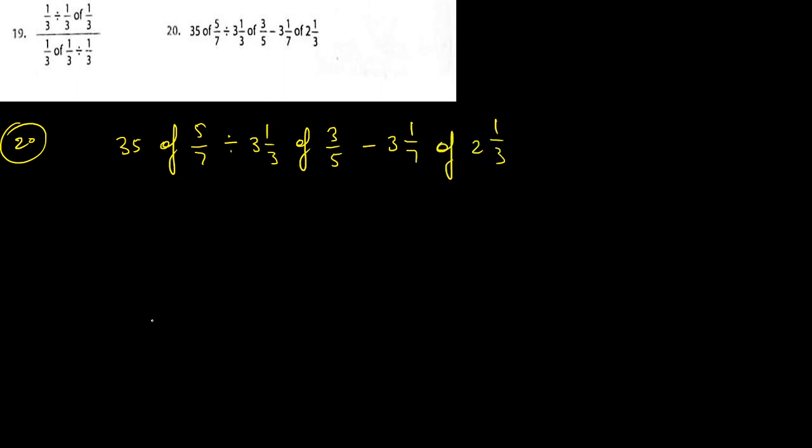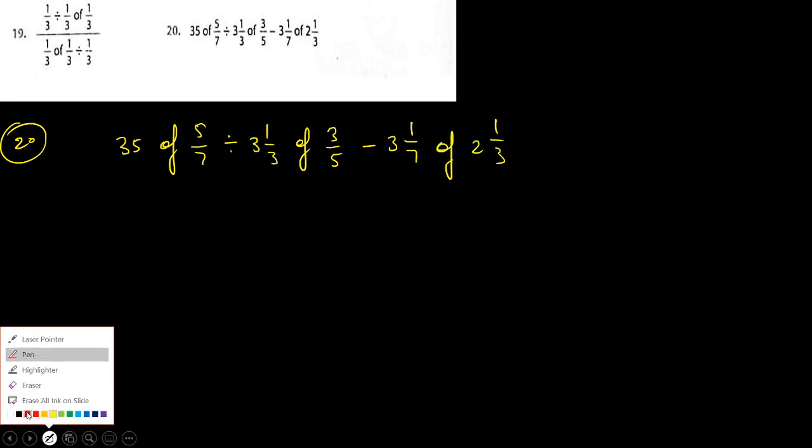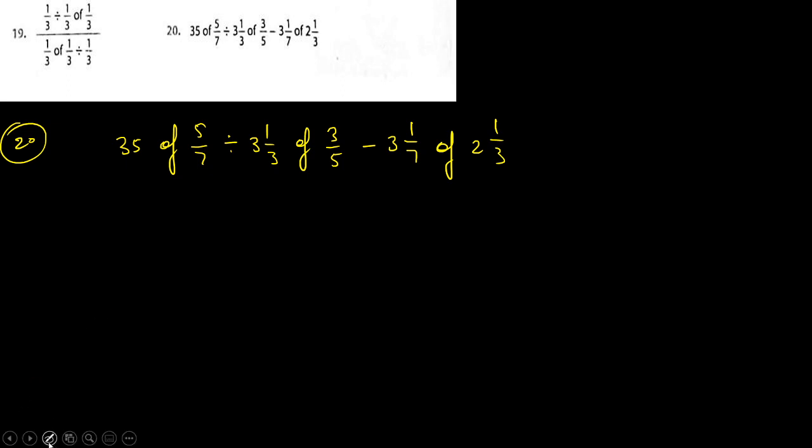So question 20 is 35 of 5 upon 7 divided by 3 whole 1 upon 3 of 3 upon 5 minus 3 whole 1 upon 7 of 2 whole 1 upon 3. So this is a long question, but don't worry, we will do it step by step, so it will become easier.